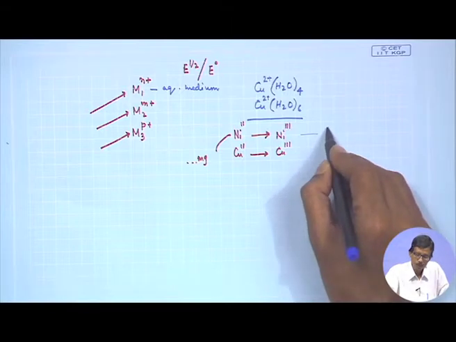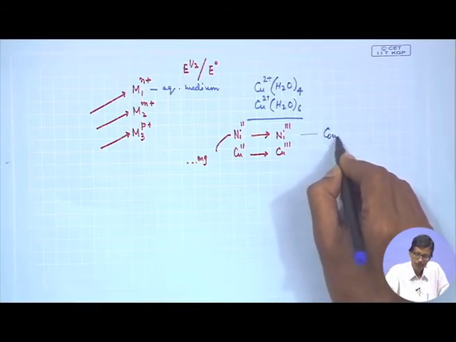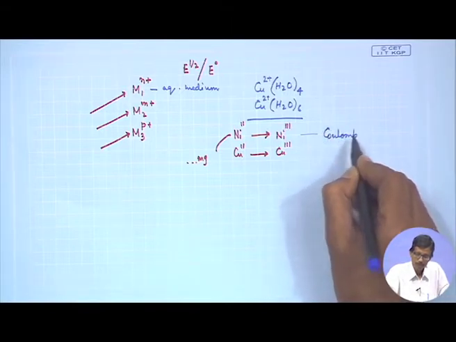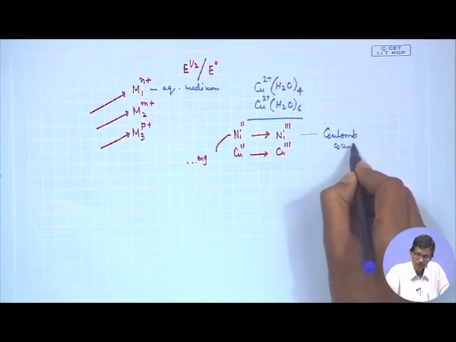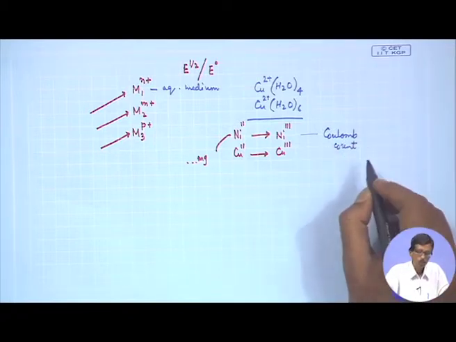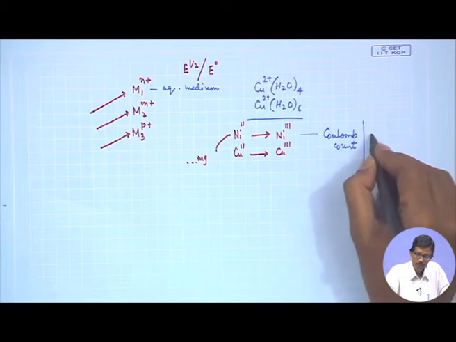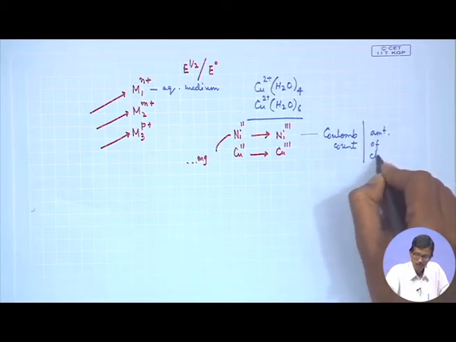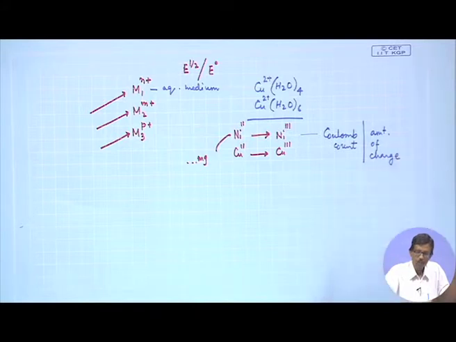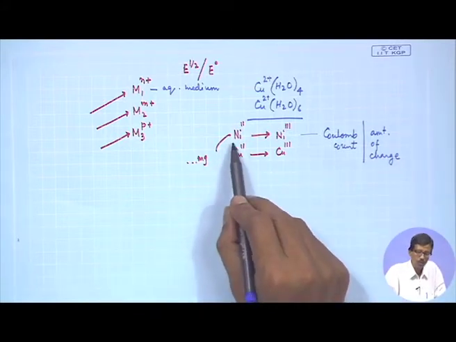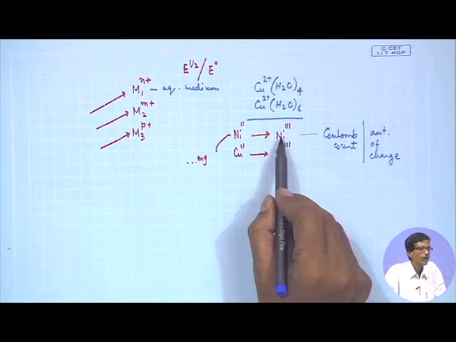That means, the Coulomb count you can calculate theoretically. So, we know the amount of charge which is required for complete oxidation of the nickel complex to nickel in the trivalent state.